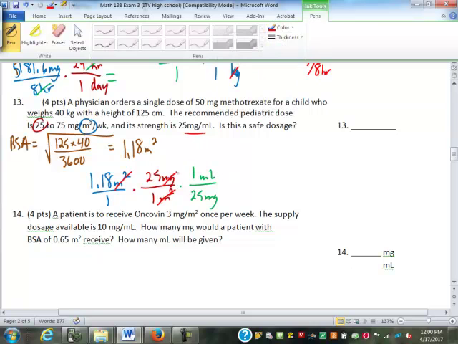That's from right here. So the milligrams cancel out. I have 1.18 times 25, and all the 25s here will cancel out. So I've got 1.18 milliliters. Nothing else is going to be in that.